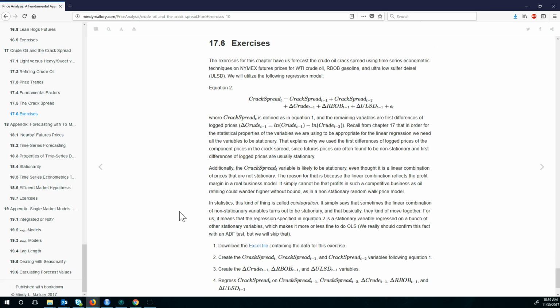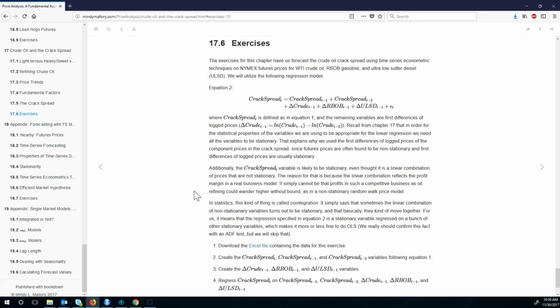If we were really doing a real forecasting exercise in a circumstance that had any consequences, we would go off and perform something called the ADF test, the Augmented Dickey-Fuller test. That's referenced here. If you take a time series econometrics class, you'll learn how to do that test, and it basically tells you whether your data are stationary or not. We could do that, and I'm pretty sure we would find that the crack spread variable is stationary.